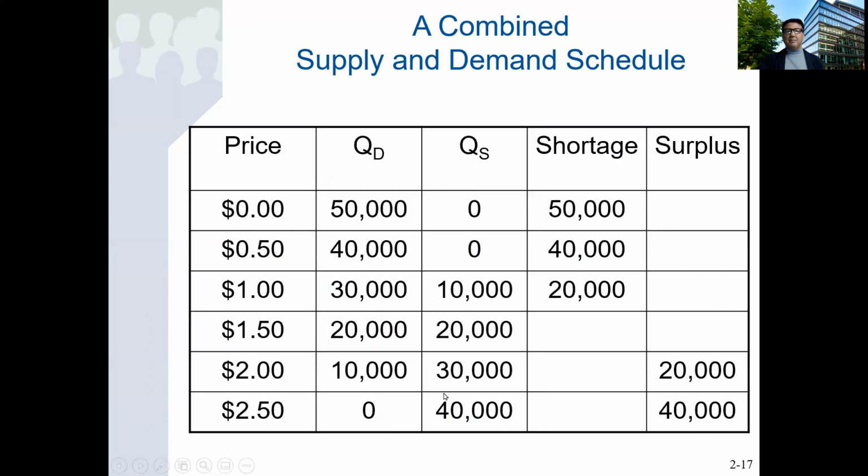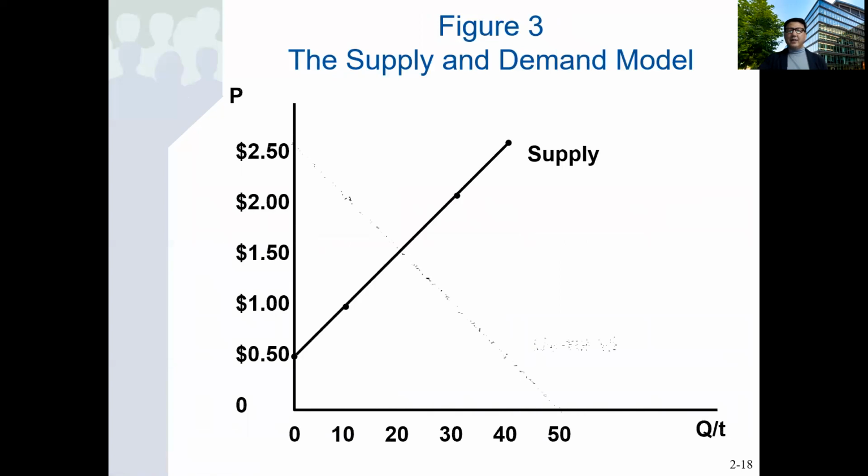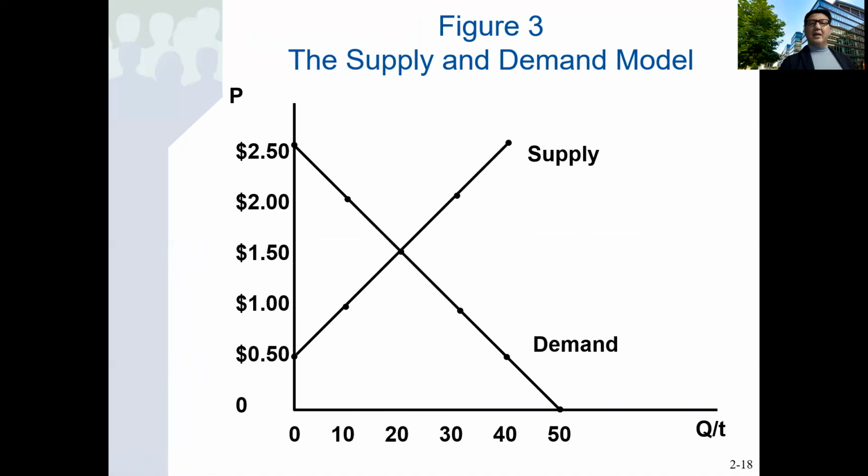If you combine the supply and demand schedules, this is what the graph looks like. If you look at the graph, when you combine the supply and demand curves together, this is the point that is the equilibrium.